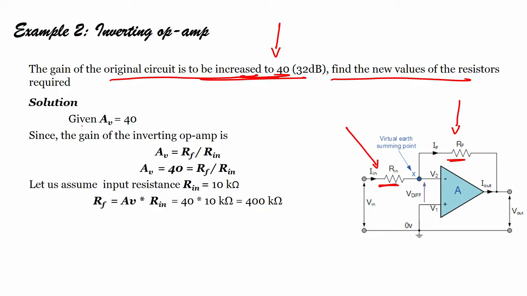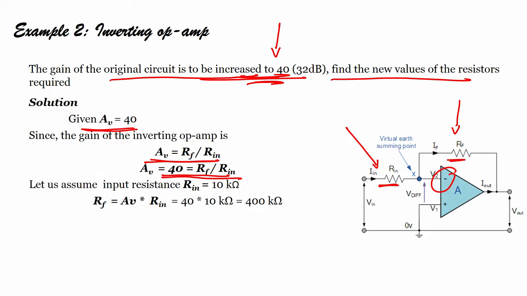Given AV equals 40, it is already given, gain is 40. Now, since it is an inverting op amp, is it? Yes, because we are providing input to the inverting terminal. So, AV would be nothing but RF by Rin. So, 40 equals RF by Rin.